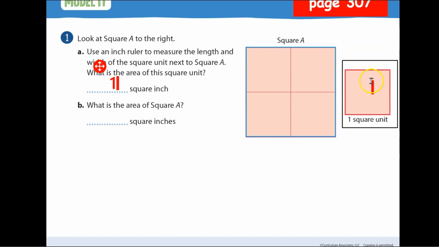If the square unit for this is 1, what is the square unit of square A? How many squares do you see? 4. 1, 2, 3, 4. Because you remember, if it's one square unit each, don't I just have to count the squares?